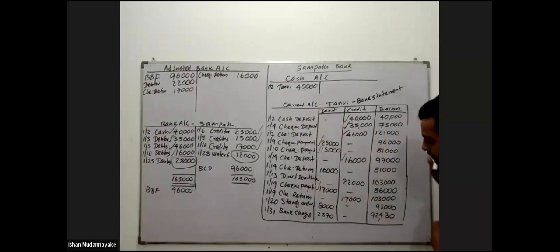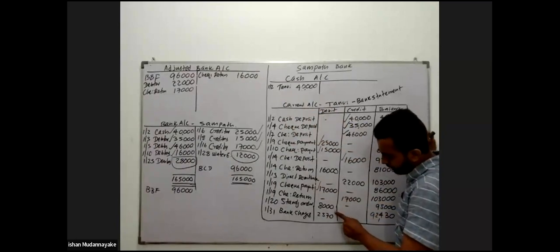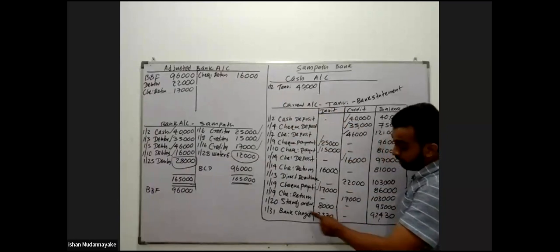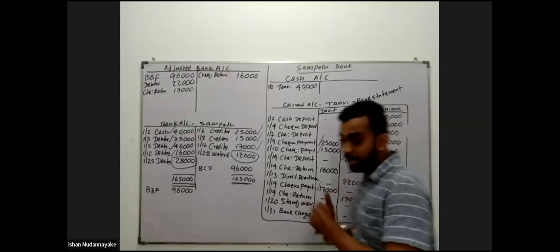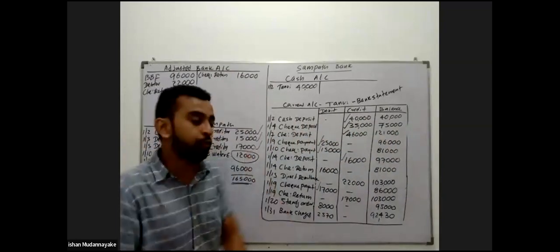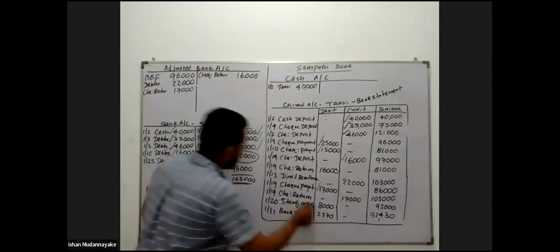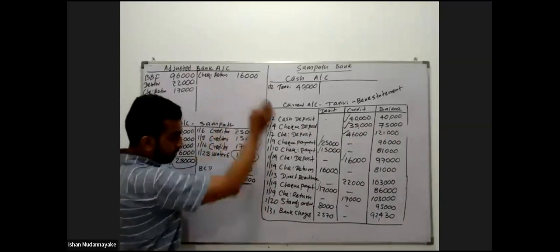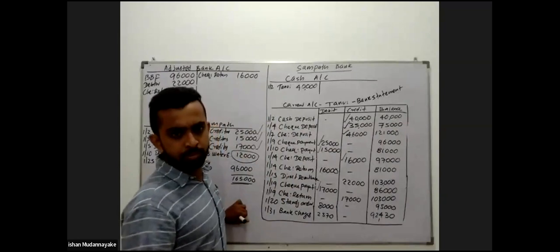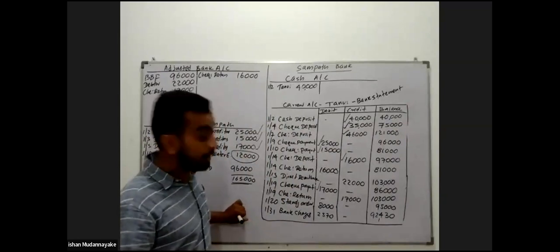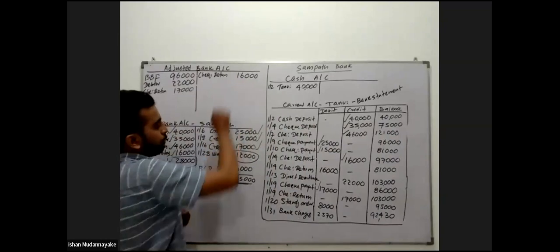And then students, look at the debit side again. Standing order payment 8,000. The bank has paid 8,000 on behalf of you on a standing order, but you haven't recorded it. Standing order payment for insurance. Then you need to credit this 8,000.